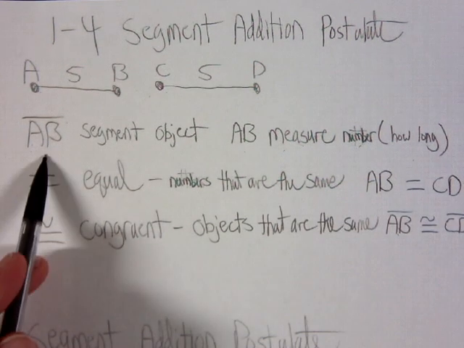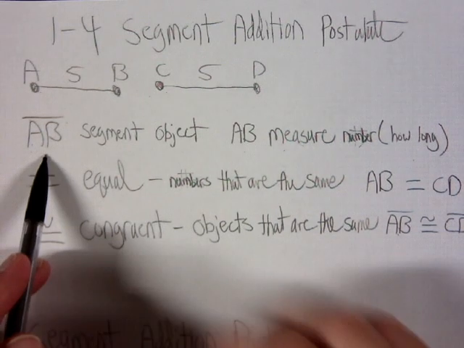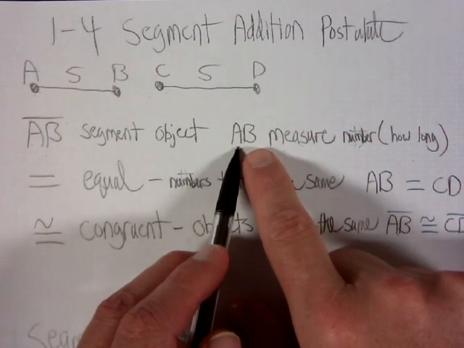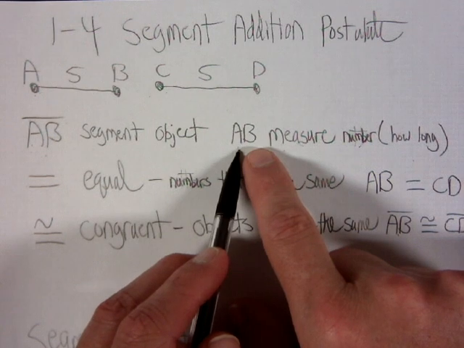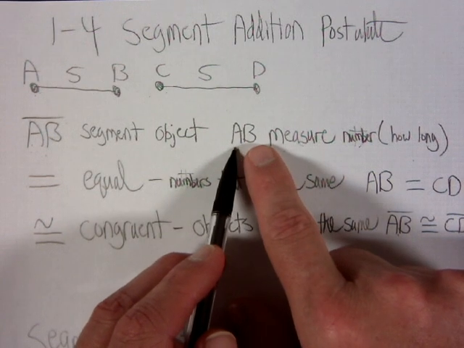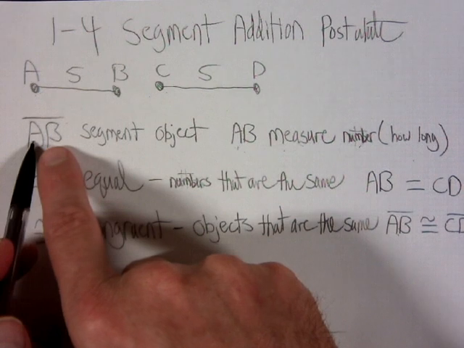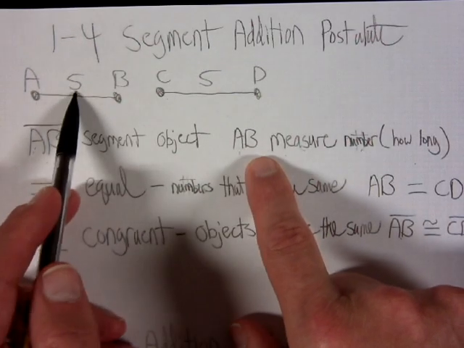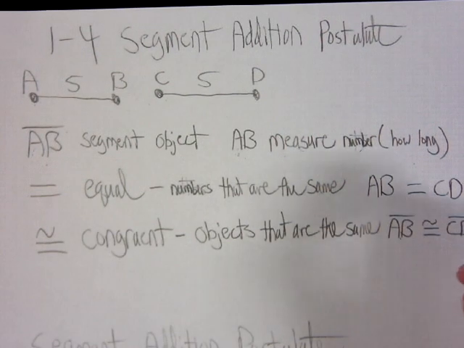So when I write this, I'm talking about the segment AB, the object itself. When I write this, I'm talking about the measure or the length of the segment AB. So the segment is this. The measure of the segment is 5. So keep that in mind.